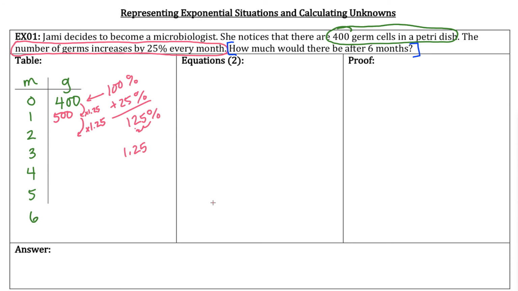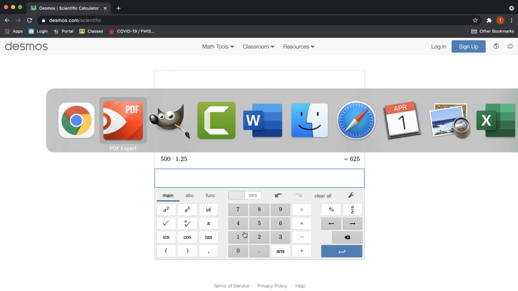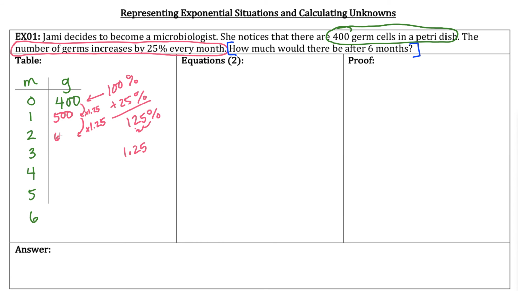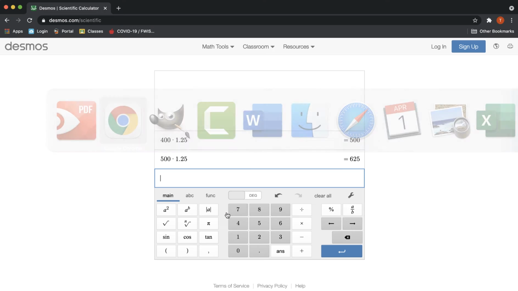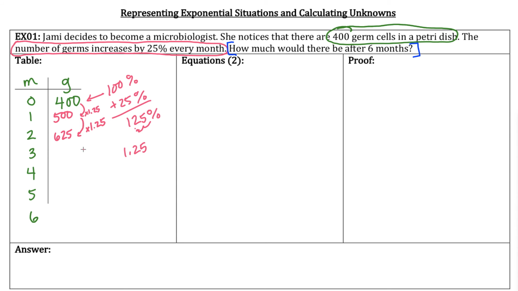And then I multiply by 1.25 again. 500 times 1.25, and I get 625. And I just keep doing that. Times 1.25, 781.25.